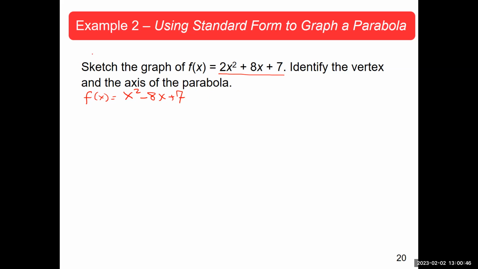We need to convert it to look like this: f(x) equals (x minus h) squared plus k, something like that. Sometimes we have an a here. To do that, convert to a perfect square. What is a perfect square?